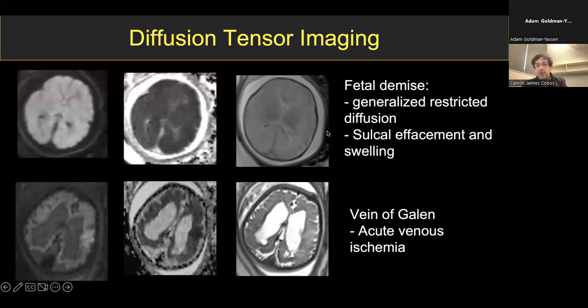And obviously the HASTE just confirms that by showing complete effacement of the sulci, the ventricles, and the extra-axial CSF spaces. The case on the bottom is a case of a vein of Galen malformation, and you can see that we can pick up acute venous ischemia. I would say that would have been very hard to do on the HASTE, whereas on the ADC, we can actually see a blotch of decreased diffusivity.